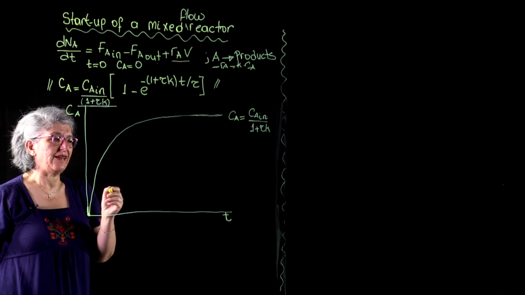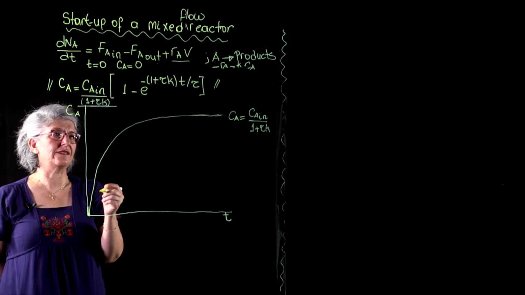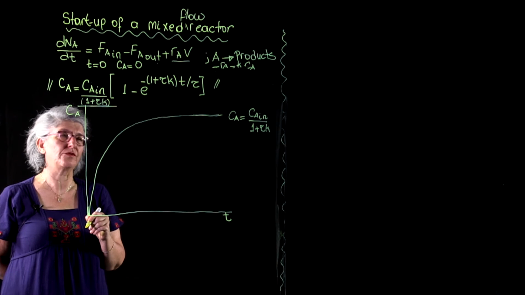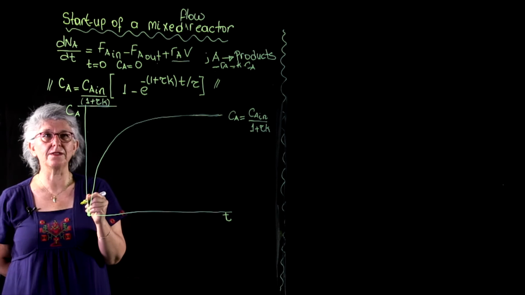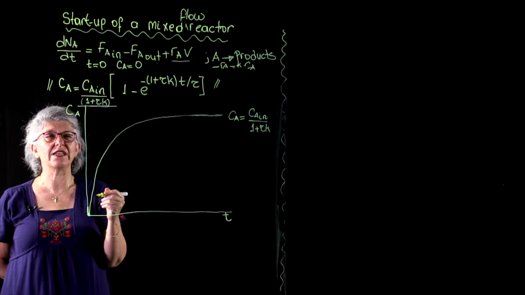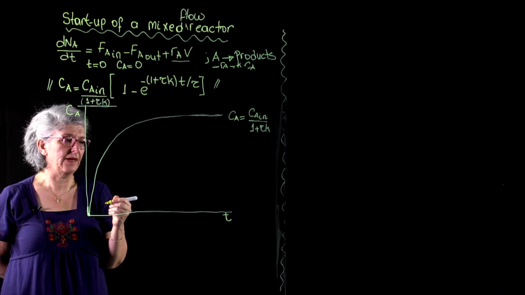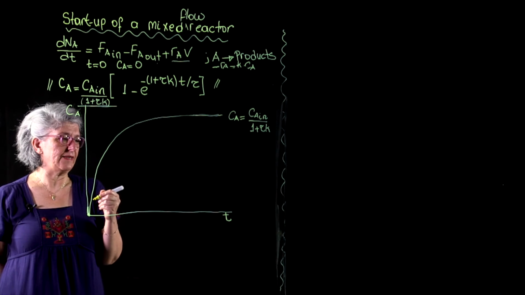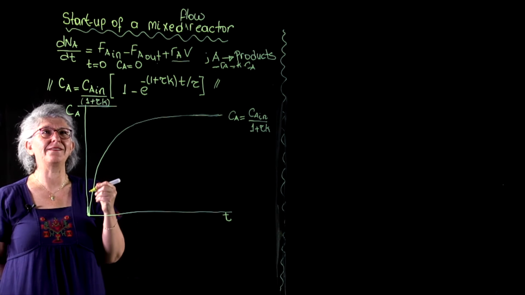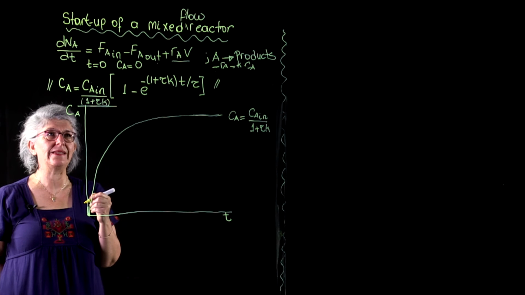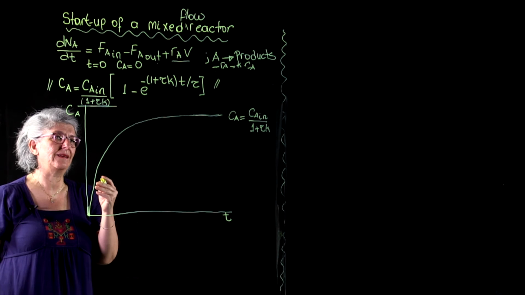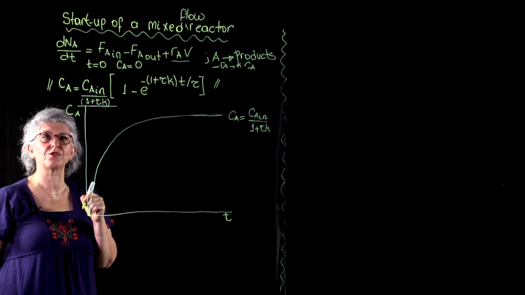Now let's come back to the universality of this curve. The curve is qualitatively universal, but quantitatively it is going to be different for each tau, for each k, for each Ca in. Now if we normalize these terms and have dimensionless quantities, and this is the merit of dimensionless quantities, its predictions are going to be universal.